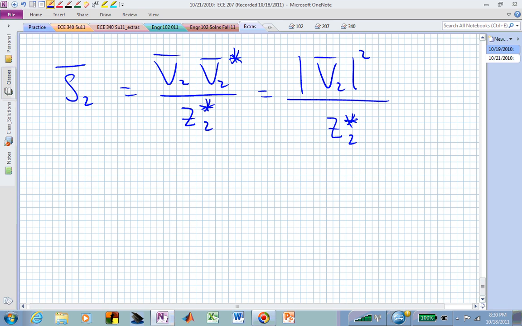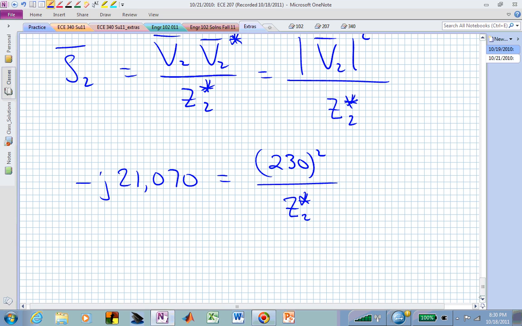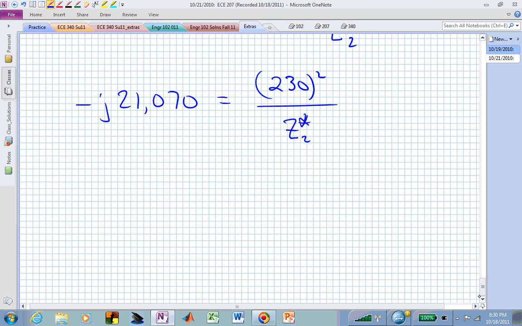S sub 2 was this minus j 21,070, and that's equal to 230 squared over Z sub 2 complex conjugate. Or we now have that Z sub 2 complex conjugate is 230 squared over minus j 21,070.